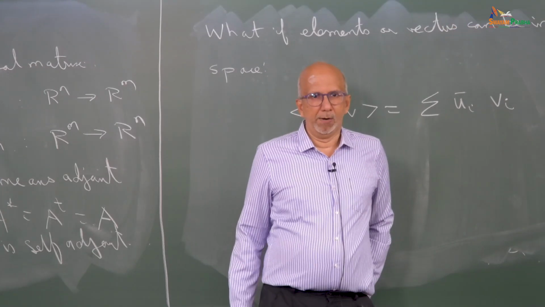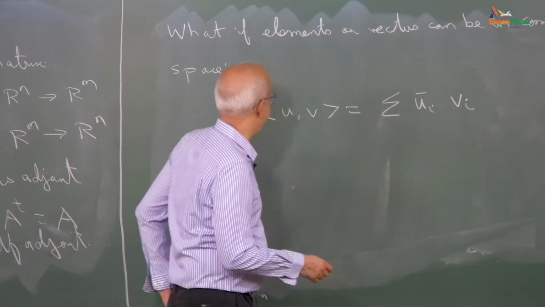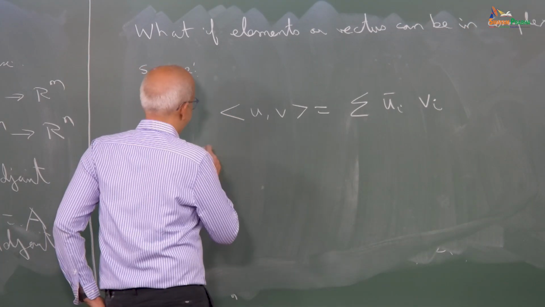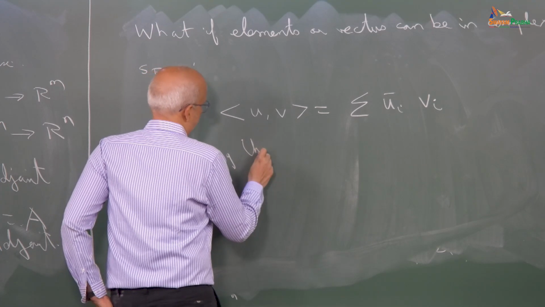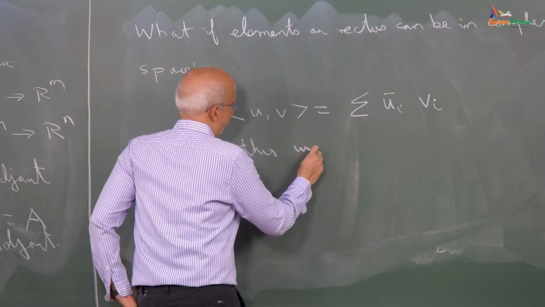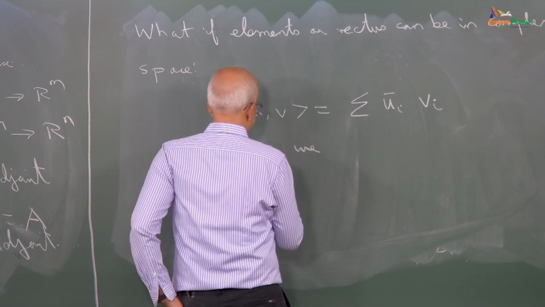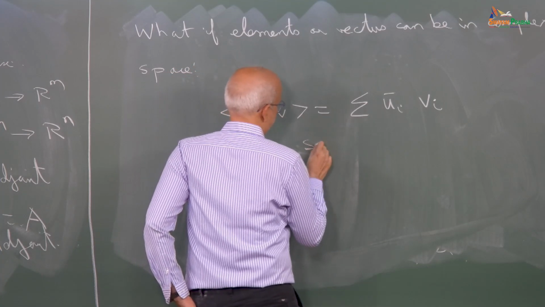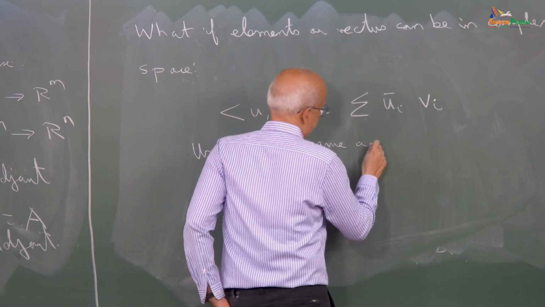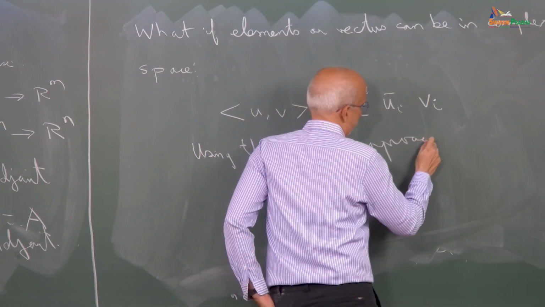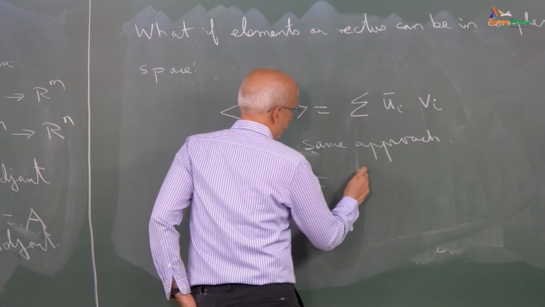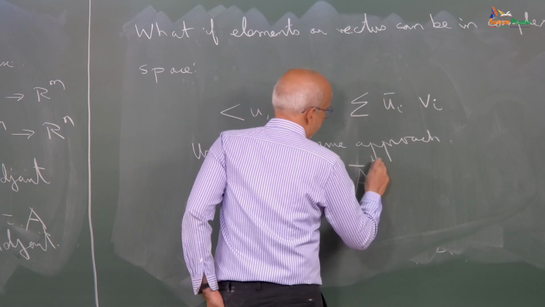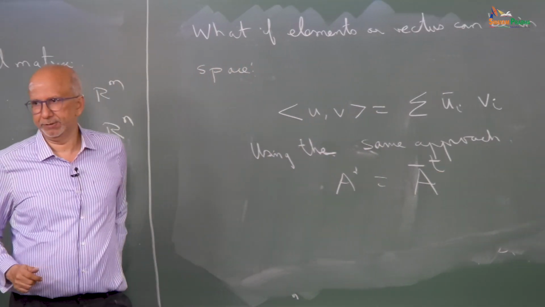Now, you can work the same way using the same approach. We will get A star equal to A transpose complex conjugate.